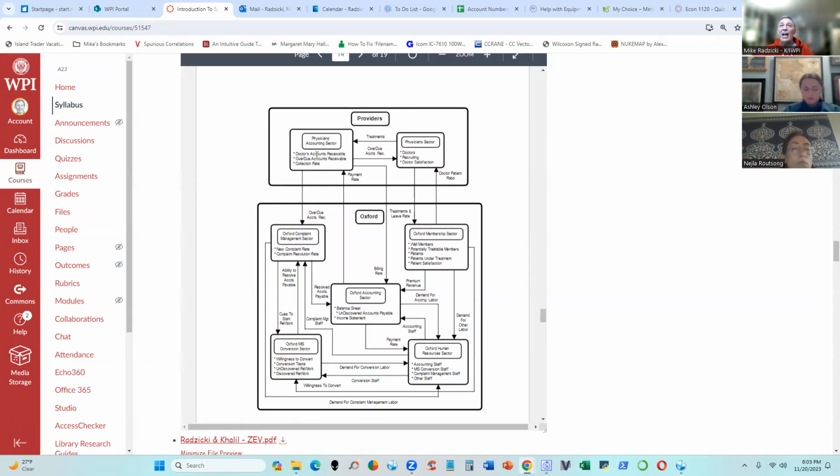We had the provider sector, that's the doctors, and we had the HMO sector supplying members, okay? And so what would happen is the physicians would provide services to the patients, right, treatments, and then they would bill the HMO, okay? And the HMO would attract members, do marketing and attract members, right?